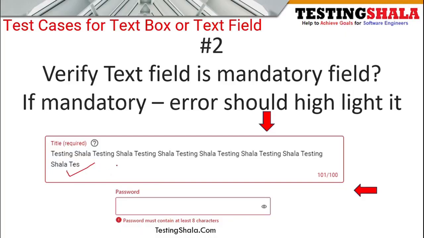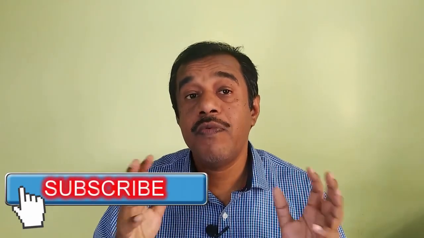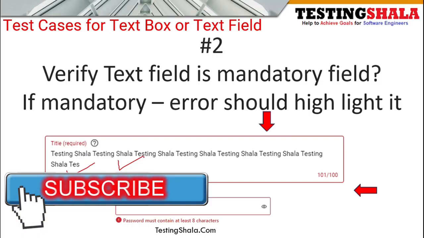If it is a mandatory field, meaning if you are not entering anything in this field and you try to navigate, then it should throw an error message saying that this is a mandatory field and these are the characters you should enter for this text field. That is the error message it should pop up, and that kind of validation you should also make to ensure that the core UI validation is taken care of.